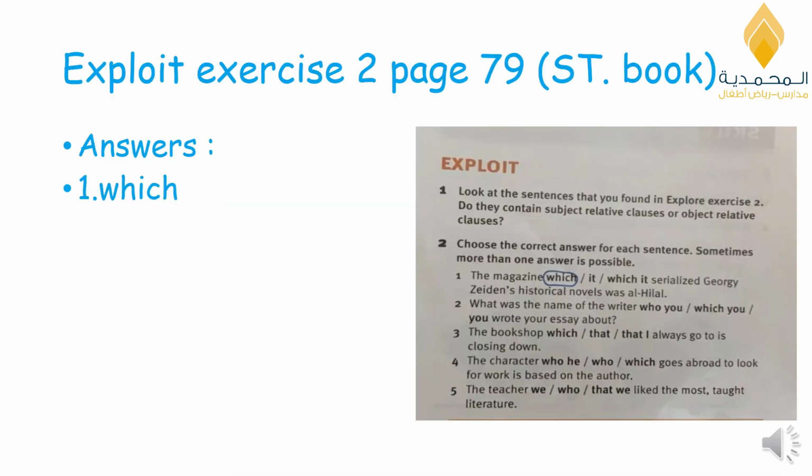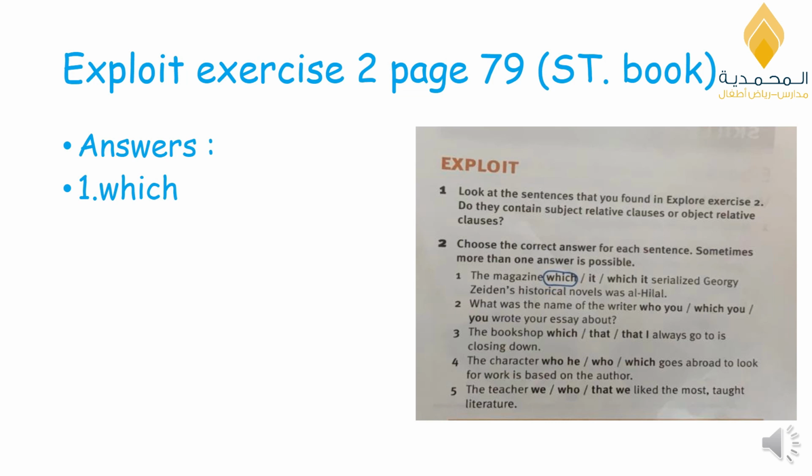Now let's do exercise 2 from page 79 in your student's book. Okay, let's see what it says. Exercise number 2. Choose the correct answer for each sentence. Sometimes more than one answer is possible.